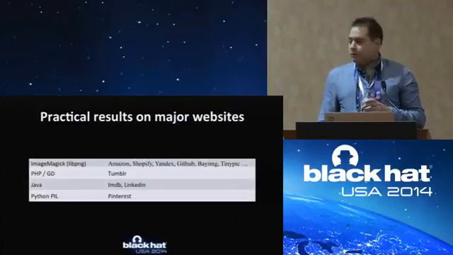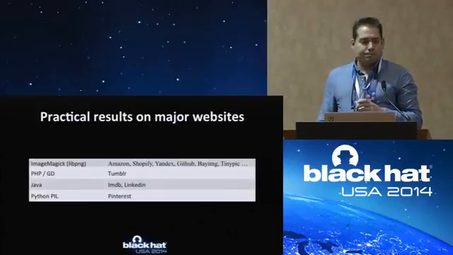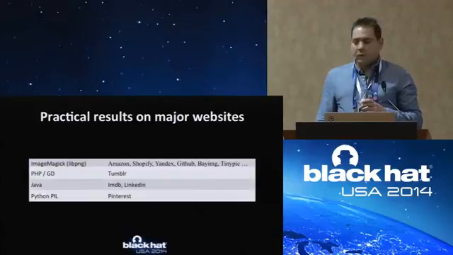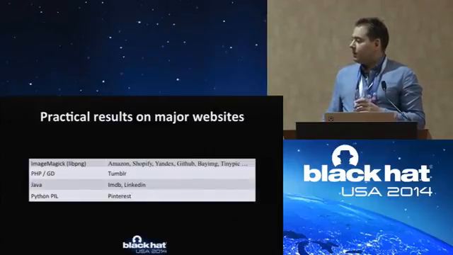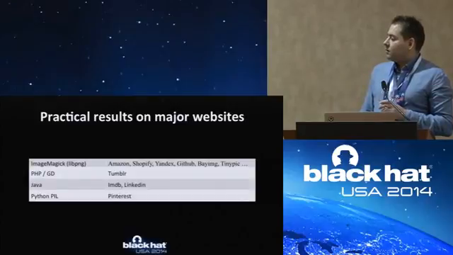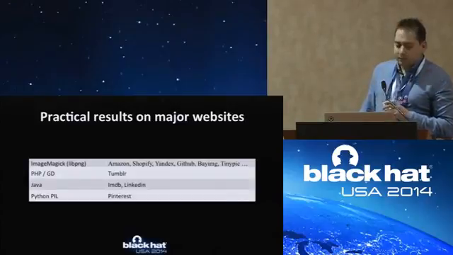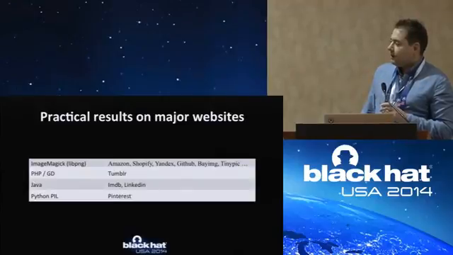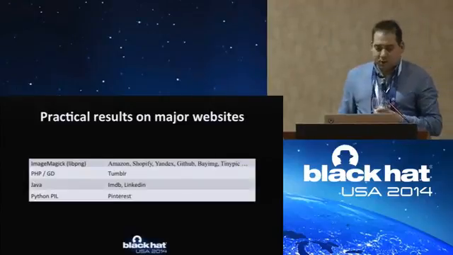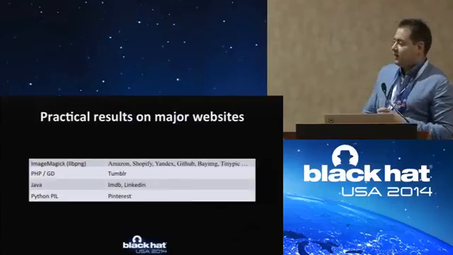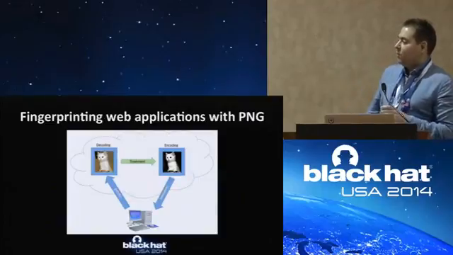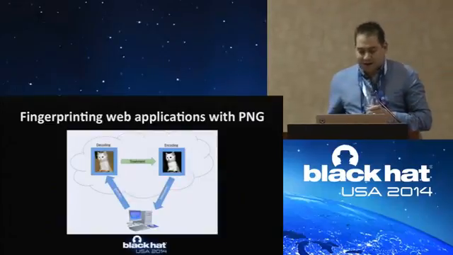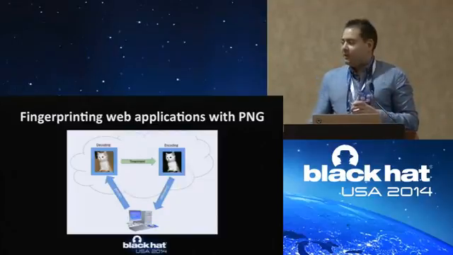Any other question? Oh, yes, sir. Does it work only with web applications that allow image file upload with optimization, so only those where you can fingerprint the library? So it's not any web application. Of course, it doesn't work with applications that don't do anything with images.